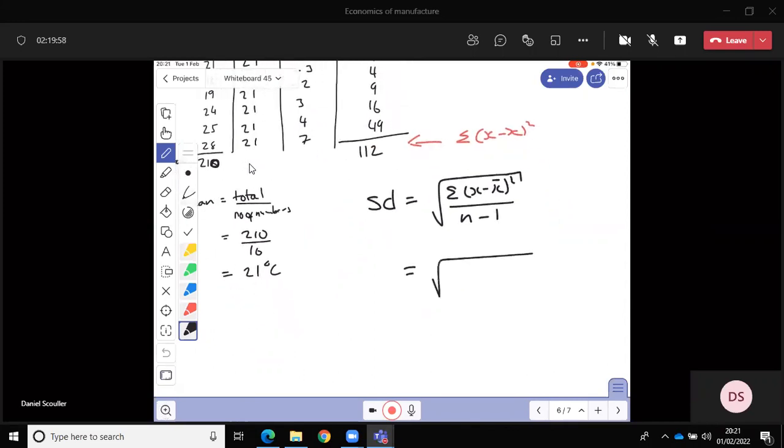That top line of the equation, you just substitute in your 112. N minus 1: there's 10 numbers in total, so that's divided by 9. Root of 112 divided by 9.